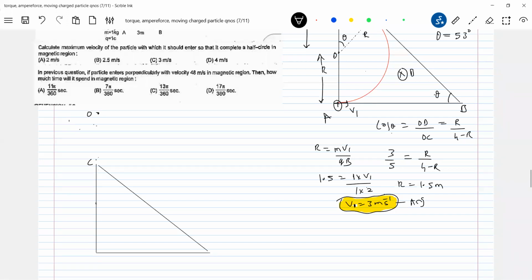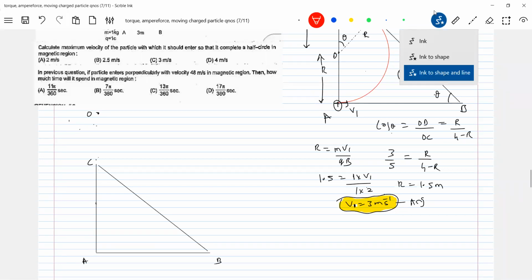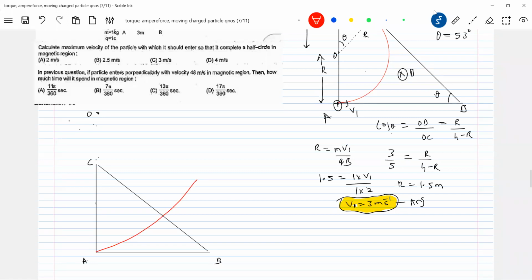So there's the point C, this A, this is B. So the curved path, some rough diagram is what I can plot here. After leaving circular path, I don't think it should be a curved one. Take like this. So afterwards it will be a straight line. We are not bothered. Once it leaves, we are not bothered.